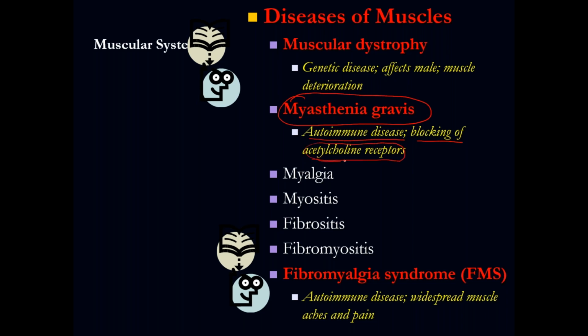Where are the acetylcholine receptors? You know the acetylcholine is coming from the nerve. But where are the acetylcholine receptors? The receptors of the acetylcholine in the muscle are, very good, in the neuromuscular junction.